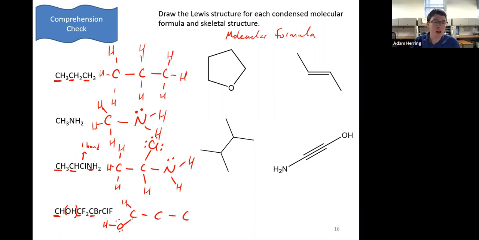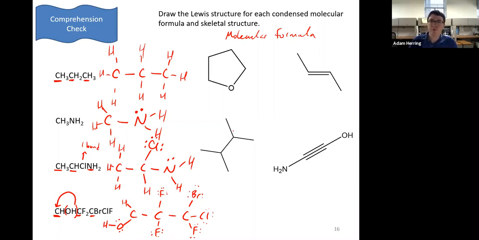If you tried to draw a bond from this hydrogen to that carbon, then the carbon will either have too many bonds or the oxygen wouldn't have enough bonds. The carbon in the middle is bound to 2 fluorines. Make sure you include their lone pairs. And then the carbon on the left is bound to bromine, chlorine, and fluorine with their sets of lone pairs.